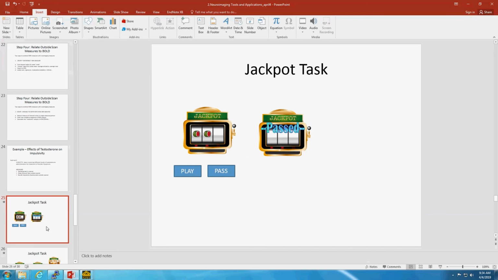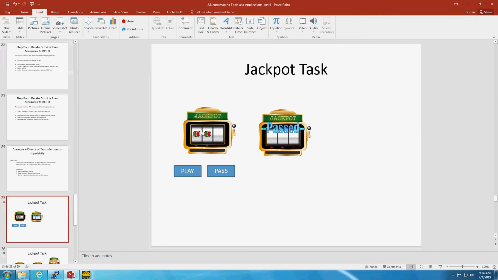So the gambling task is called the jackpot task. What we do inside the scanner is they have a whole series of trials where they see a one-armed bandit. Then they decide, do I want to play on this or pass on this?